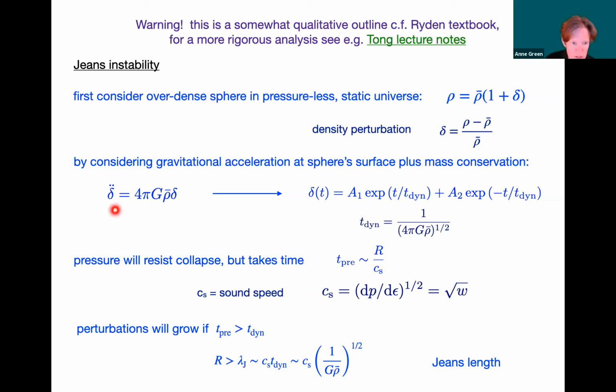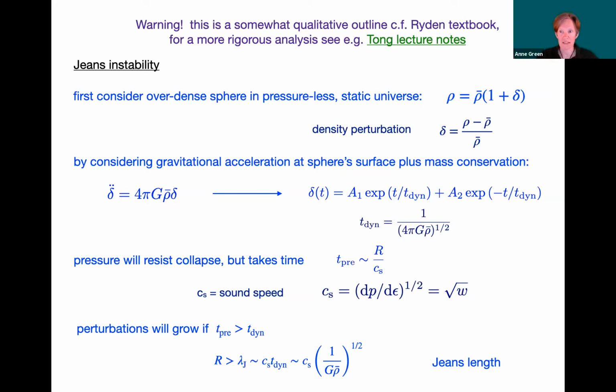And the result of that is the second derivative of the density perturbation is 4 pi G times the background density times delta. So that's an equation that's going to have solutions that are positive and negative exponentials with a particular dynamical time, which is the constant in front of delta on the right hand side of the equation.